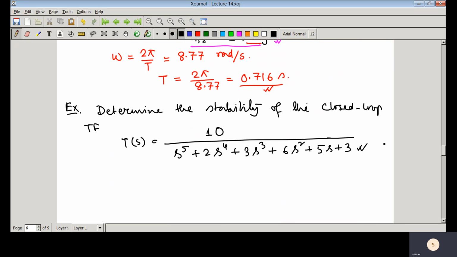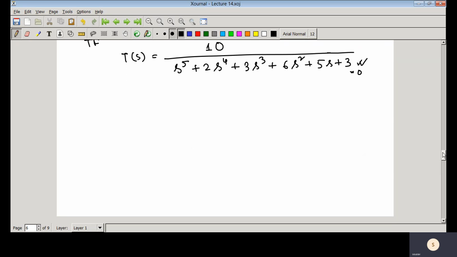That means this is the characteristic polynomial. So we can write the characteristic polynomial, and this one would be equal to 0. So now we'll be applying the Routh-Hurwitz criteria. Then it starts with s to the power 5, then s to the power 4, s^3, s^2, s^1, s^0.